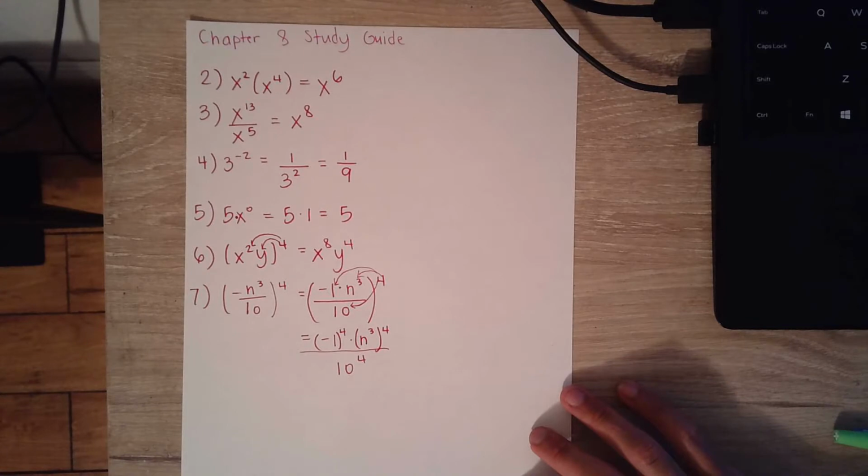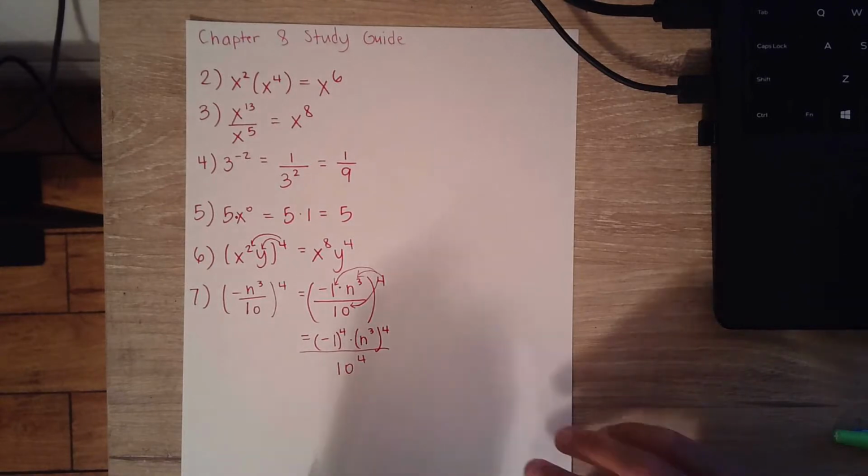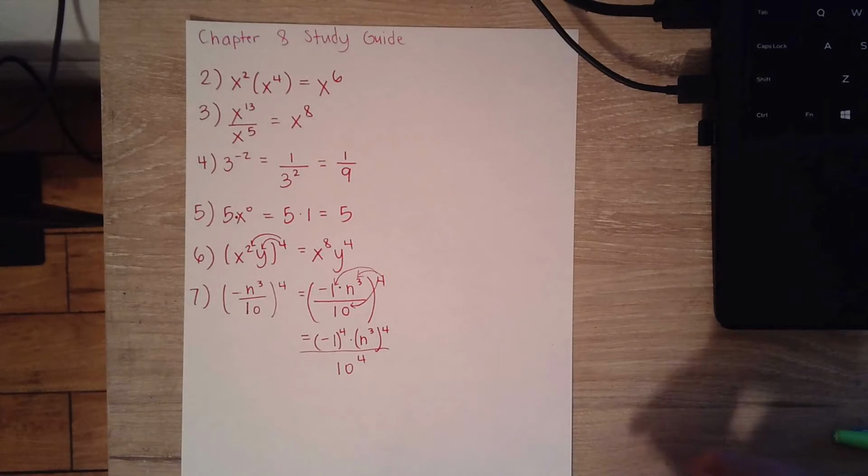All right, so simplifying that, -1 to the 4th power. Don't mistake this for multiplication. This is -1 times -1 times -1 times -1, right? Multiplying that out, we just get a positive 1, so we don't need to think about that.